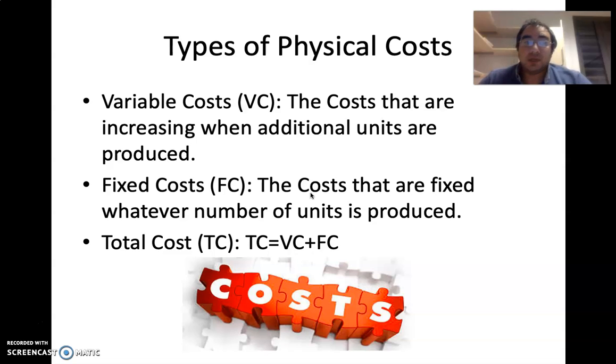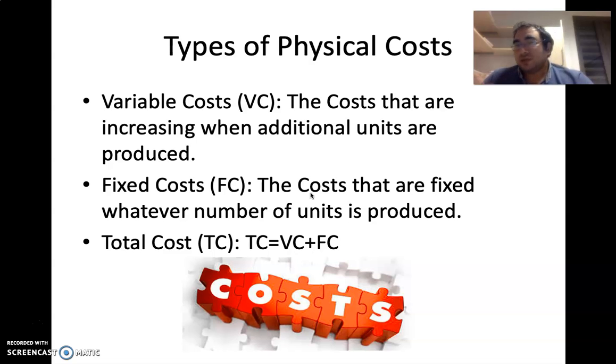For example, we might use the oven more when we have more customers because we do more cooking. Or cleaning costs: we need to clean the tables more frequently if we have more customers. Those costs are variable costs.